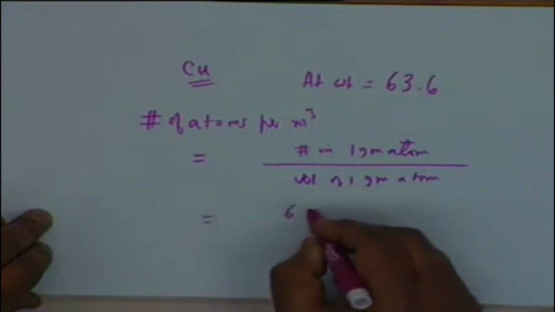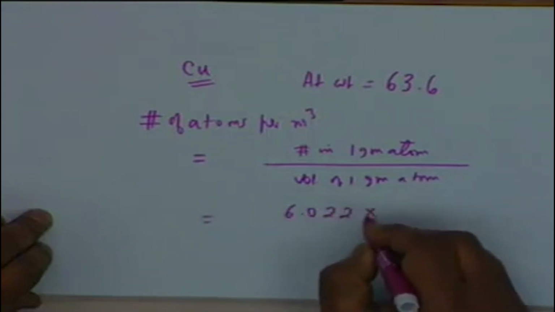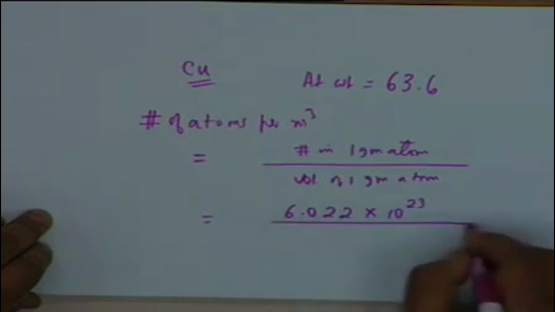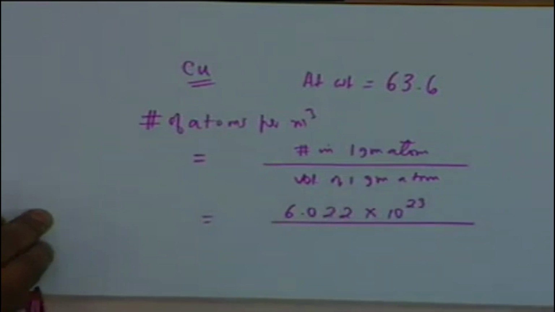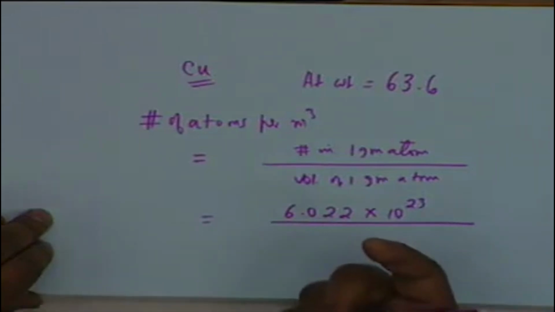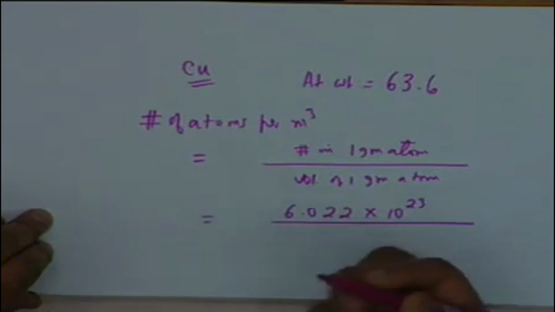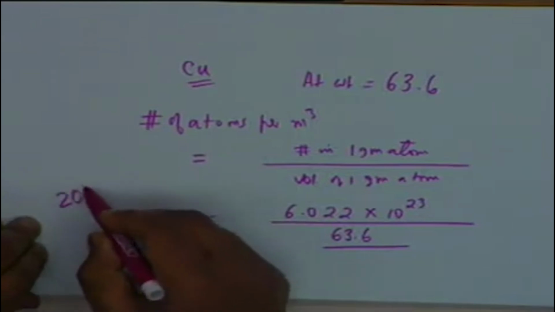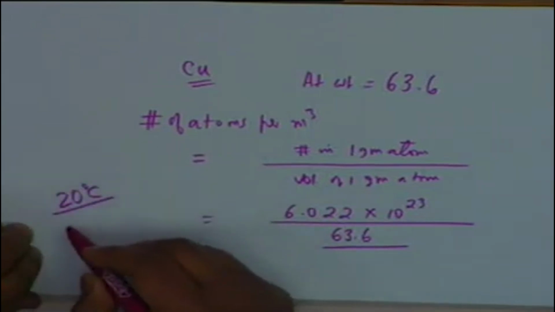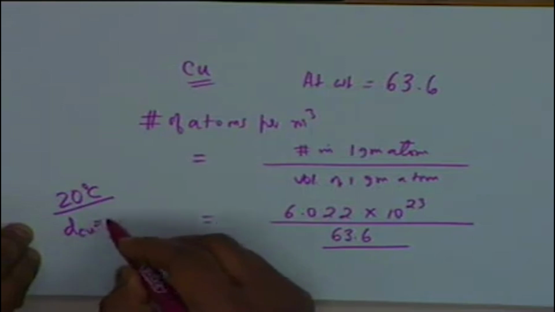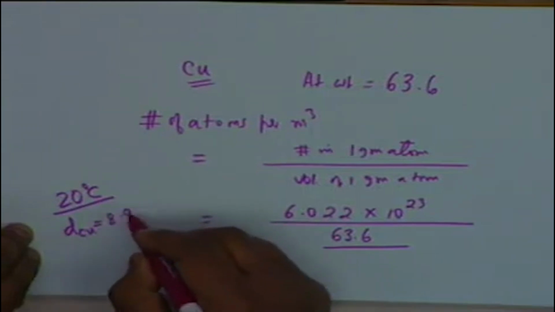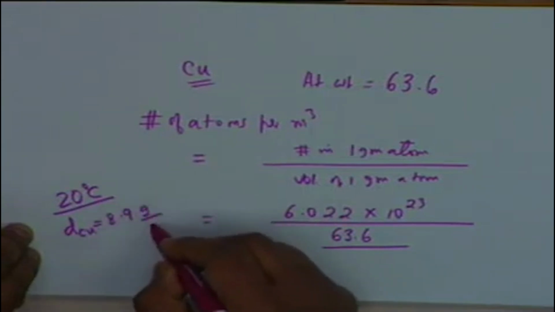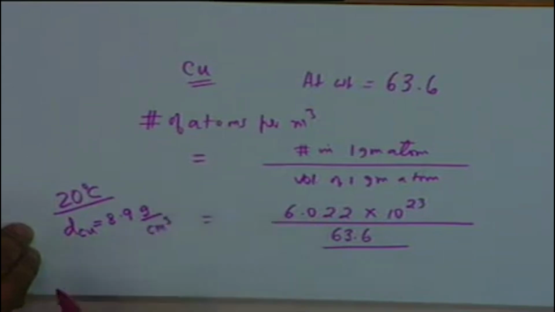Now this number is 6.022 times 10 to the 23, and the volume is mass divided by density. The mass of 1 gram atom is atomic weight expressed in grams. Therefore this is 63.6, and at 20 degrees C the density of copper is 8.9 gram per centimeter cubed.